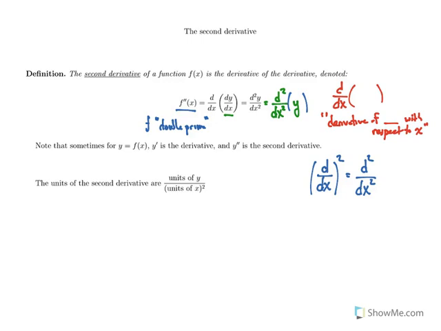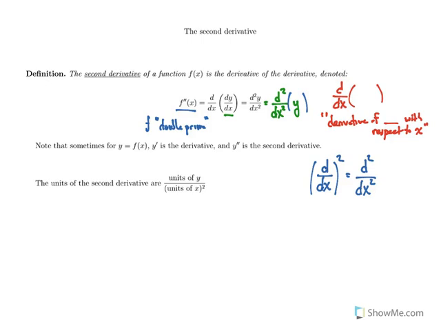So this notation can be kind of confusing. There's lots of stuff going on. There's lots of different ways that you can think about it, and I think it's okay to latch on to one that makes sense to you. Another kind of notation that we have is y prime, y double prime, and that's just to say instead of writing f of x, we could just write the function as y, and we'll say y prime is the derivative, y double prime is the second derivative.